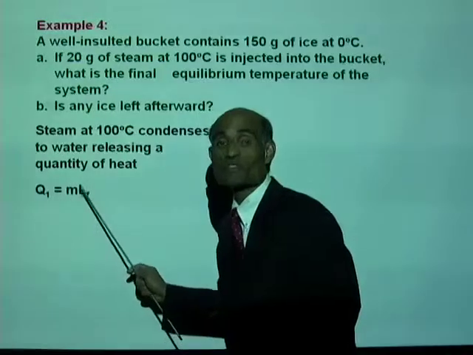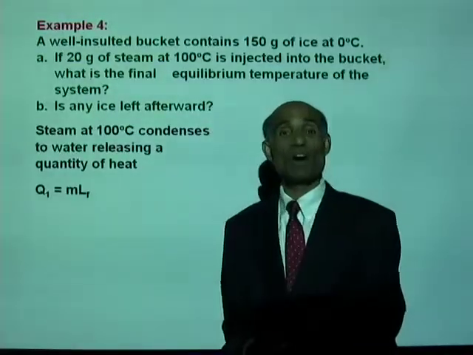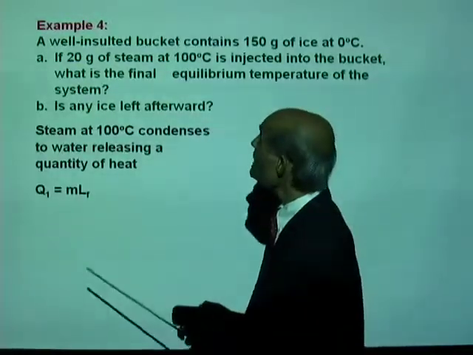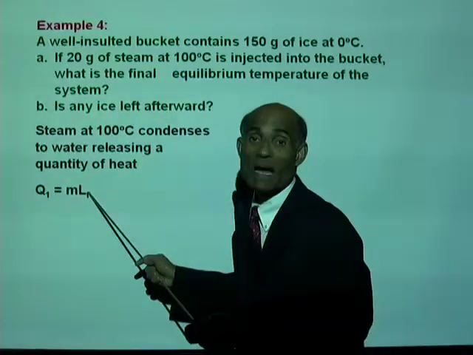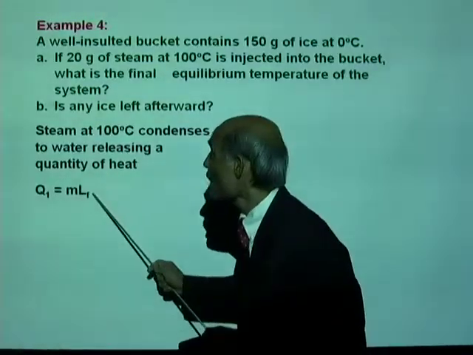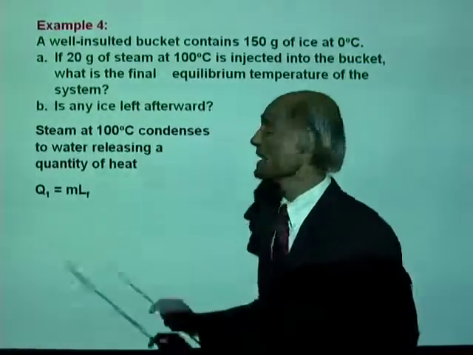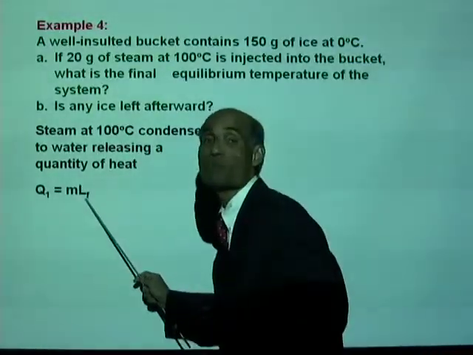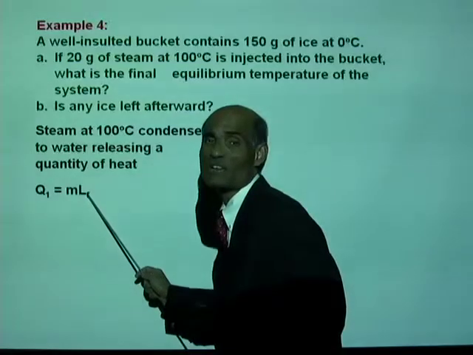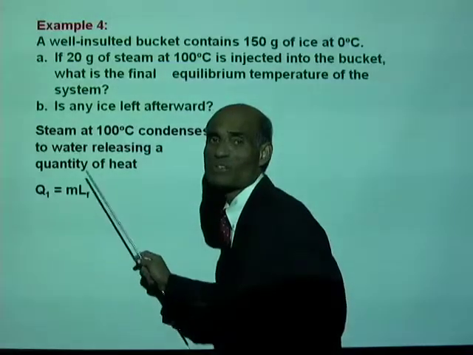Q1 equals mass times latent heat of, what's the mistake I have here? Vaporization, not LF, because steam is condensing to water. It must be L sub V. I'm not making the correction here, you need to make that correction.